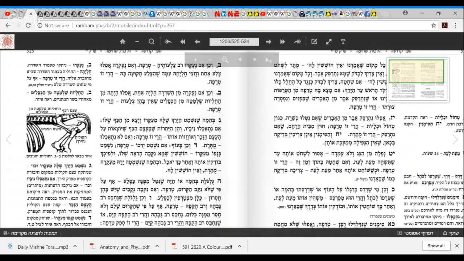And the joint at which the two bones, the pelvis and the femur, connect, the area of the pelvis that connects to this is called the acetabulum.